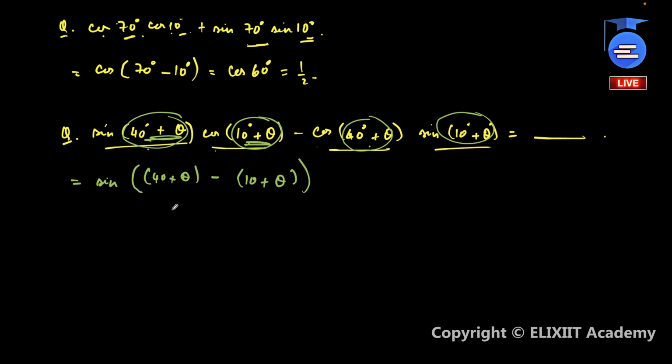If you simplify, theta will get cancelled out. So we are left with sin of 40 minus 10 degree, which is nothing but sin 30 degrees, and sin 30 is.